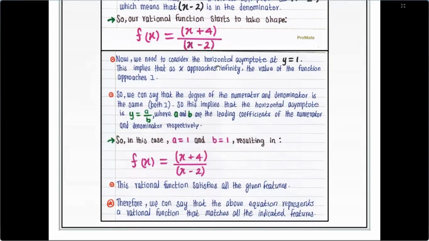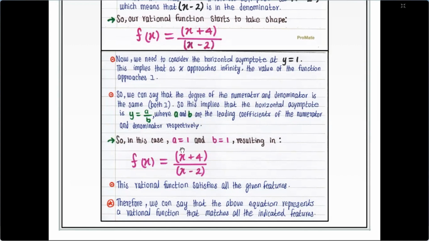Now we need to consider the horizontal asymptote at y equal 1. This implies that as x approaches infinity, the value of the function approaches 1. So we can say that the degree of the numerator and the denominator is the same, which is both 1. So this implies that the horizontal asymptote is y equal a over b, where a and b are the leading coefficients of the numerator and the denominator respectively.